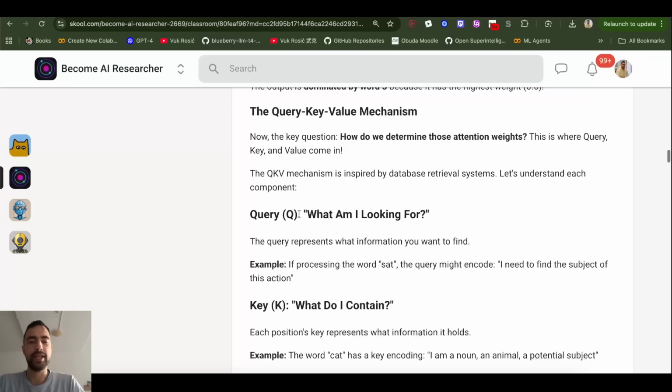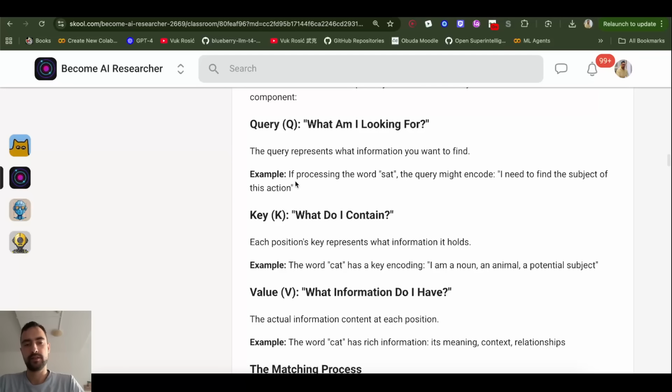Here I explained query, key, value again. In the example, the query is what I'm looking for. If processing the word set, the query might encode, I need to find the subject of this action. So then it will fire when it sees a cat.